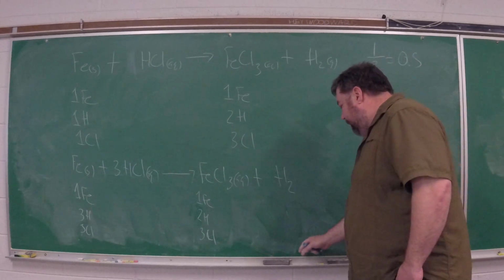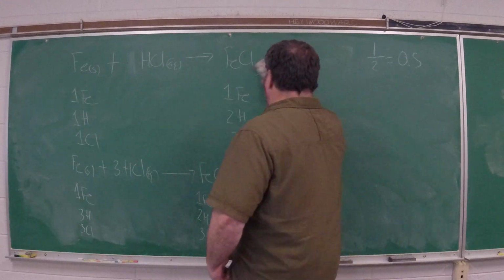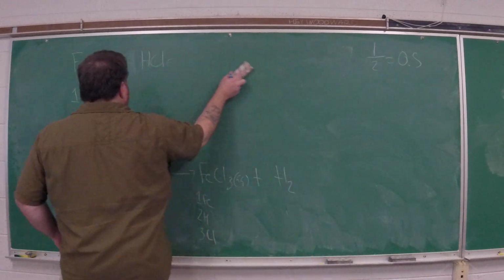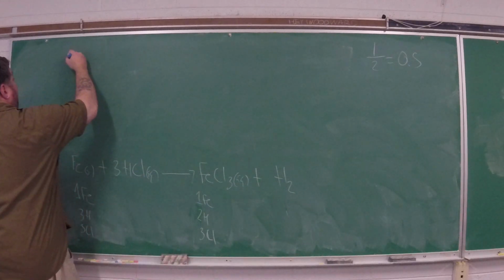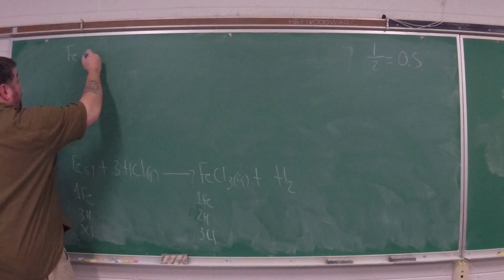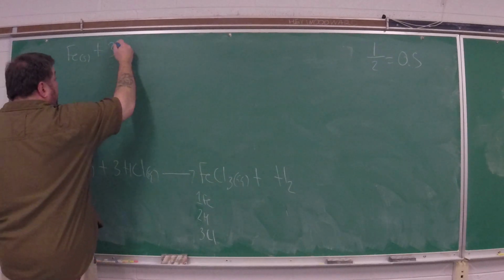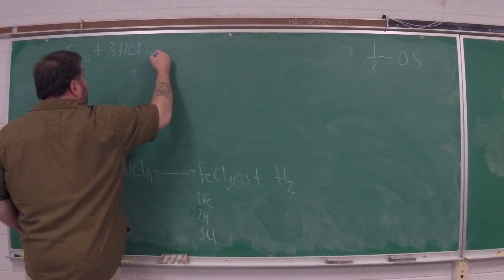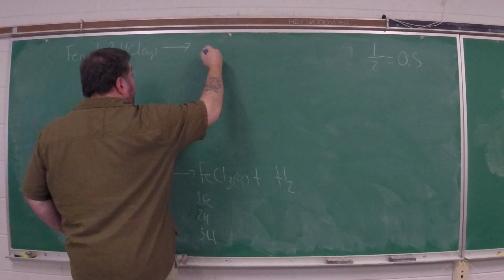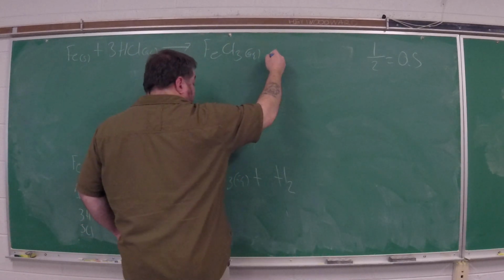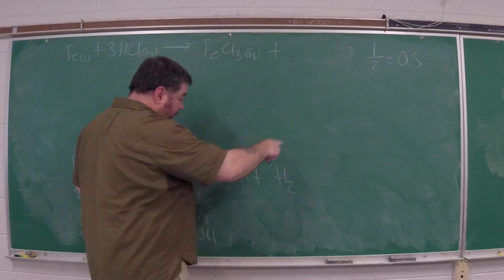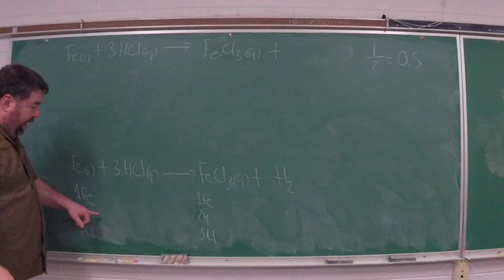Okay, let me rewrite it. Again, you can go below. Just let me rewrite it to make sure we're clear. Plus, like I said, we need one more hydrogen, right?